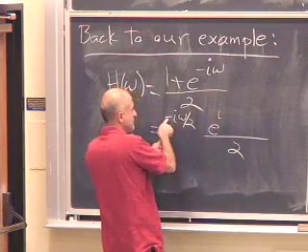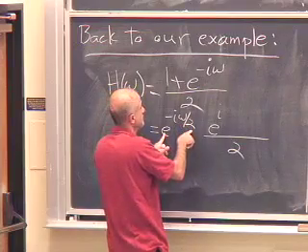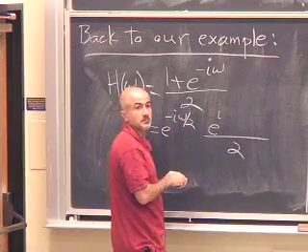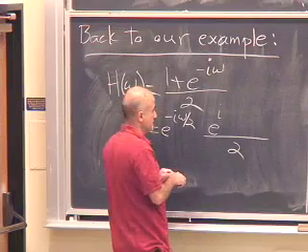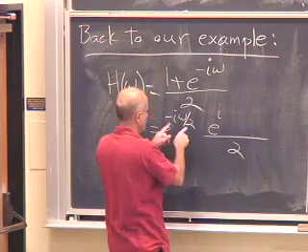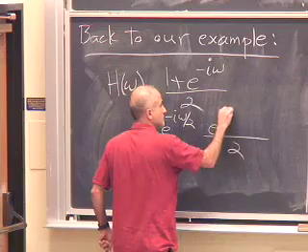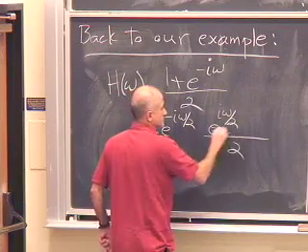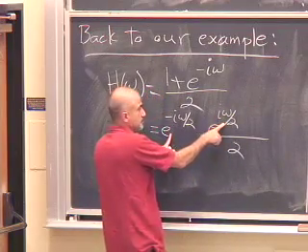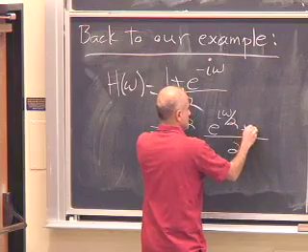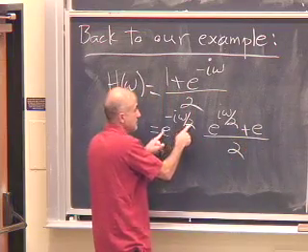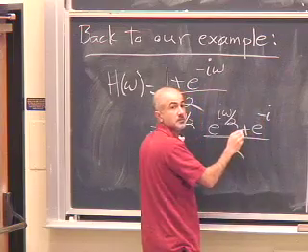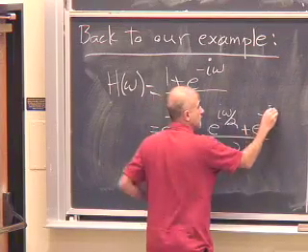What do I have to multiply e to the minus i omega over 2 with to get a 1? So when I multiply these two, I get 1. Then the second term, omega over 2.